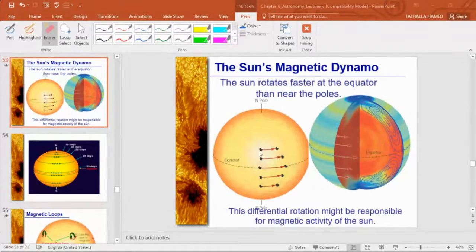So if you look at these points that I have here on the surface of the sun, as the sun is rotating, and in the middle here we have the equator, these points move a little bit further, meaning they have higher speeds.